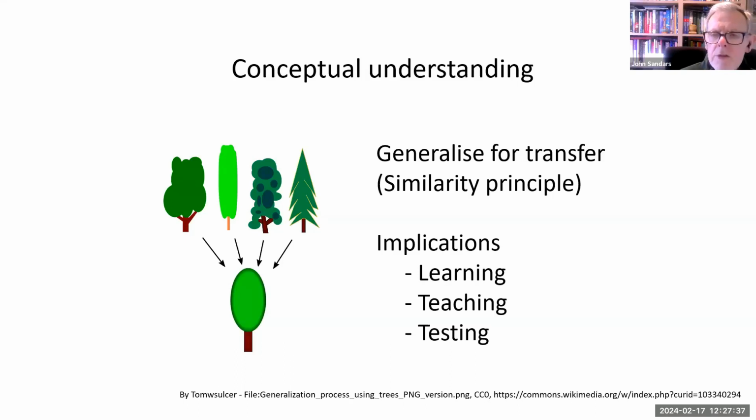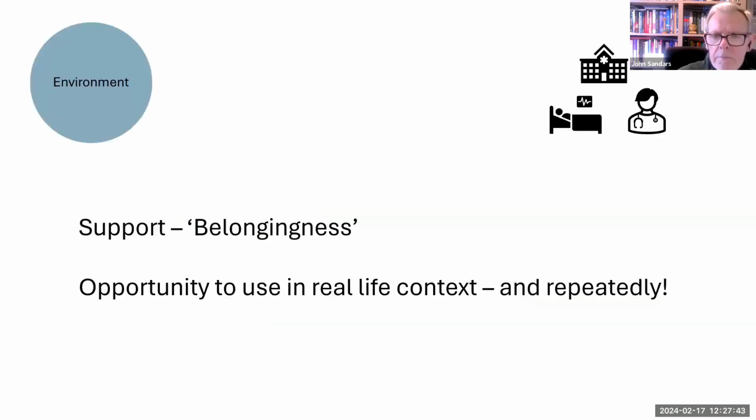And this has major implications for learning, teaching, and testing. Also, going back to that original diagram, students, if they want to transfer information, need some support. And the research suggests that there needs to be a sense of belongingness.